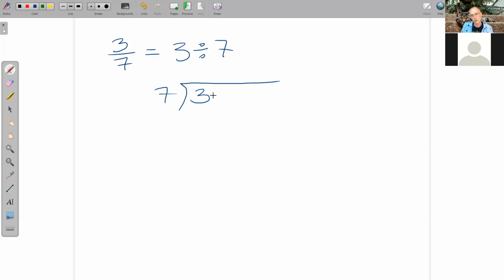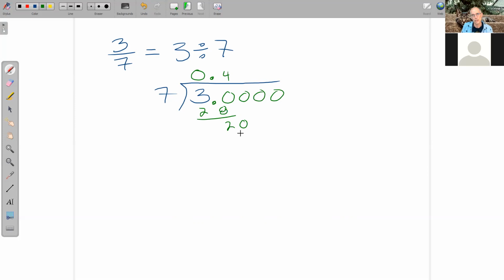So 7 goes into 3 0 times, and so I need to put the decimal point here, and then I can put as many zeros as I want there, and then start dividing. So let's see, 7 goes into 30, what, 4 times? 4 times 7 is 28. Subtract, and I get a 2 remainder, bring down the 0.